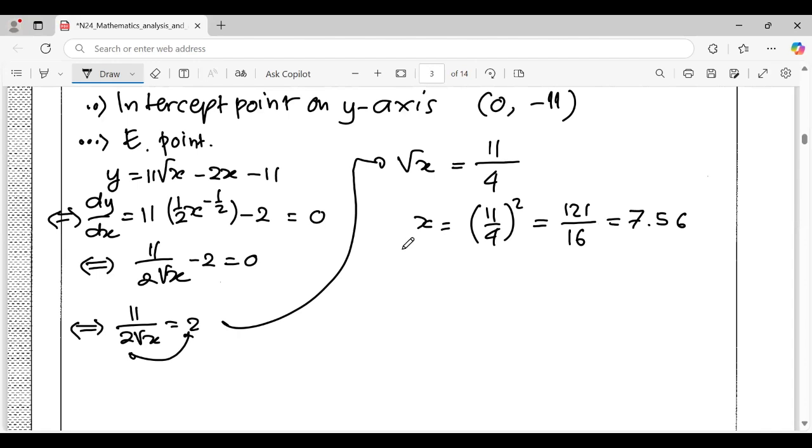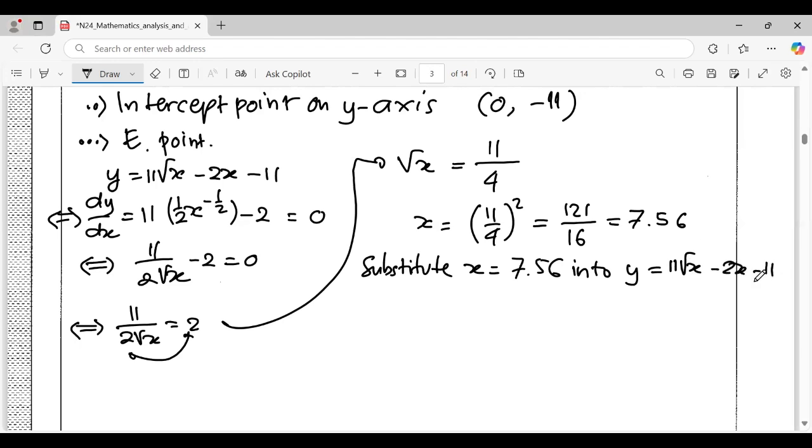Now substitute x equals 7.56 into y = 11√x − 2x − 11, and you can find the number is 4.13.